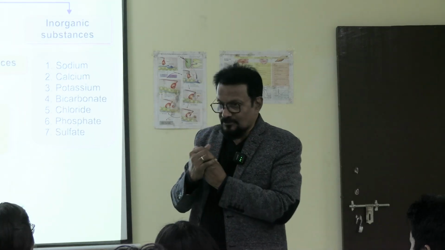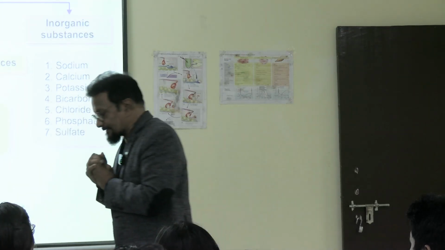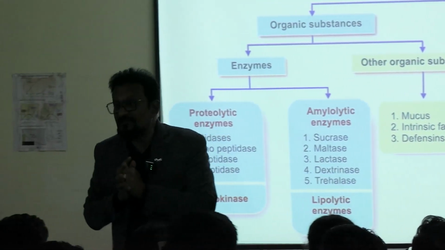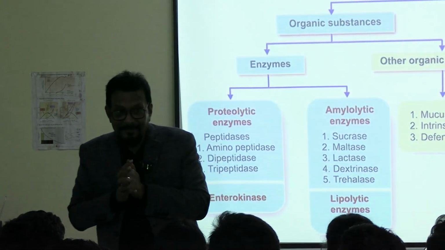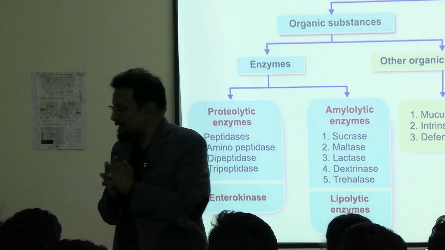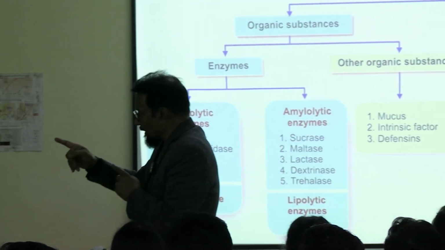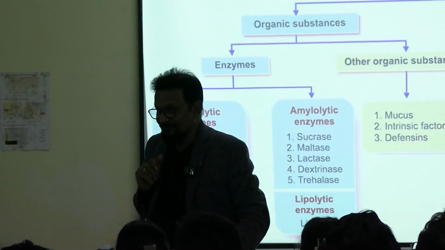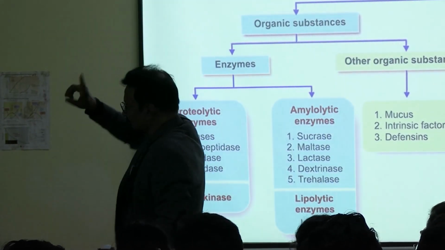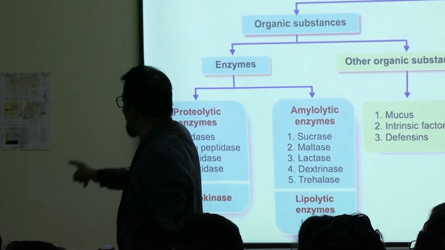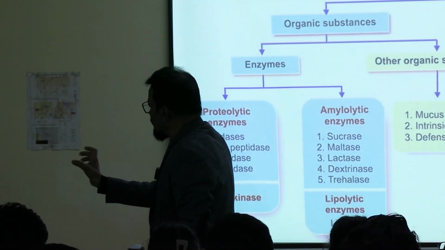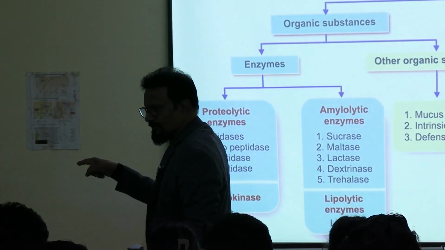So this quaternary structure, even when we will be discussing transport of oxygen by hemoglobin, we will see, you have also seen in your book, the oxygen dissociation curve. The question comes, why is the curve sigmoid shaped? Initially, it has poor affinity for oxygen.